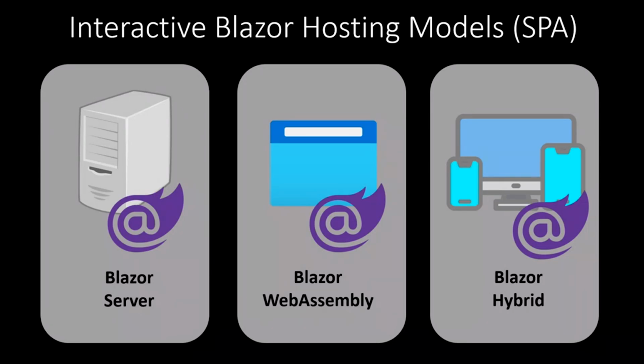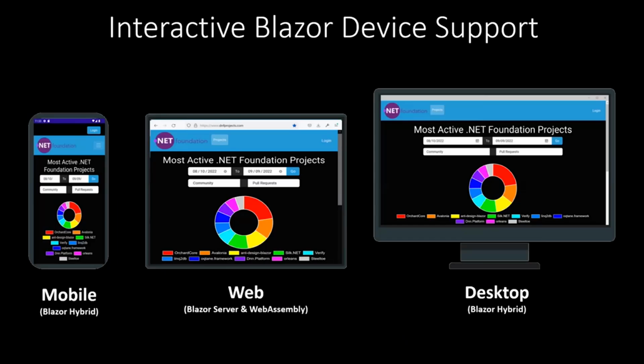So whether this was a mobile device or a desktop device, your Razor components could be rendered directly into a web view component. And so with that, you could extend Blazor to other devices beyond a web browser. With interactive Blazor and those three capabilities, you were able to target all the different types of devices that are available today.